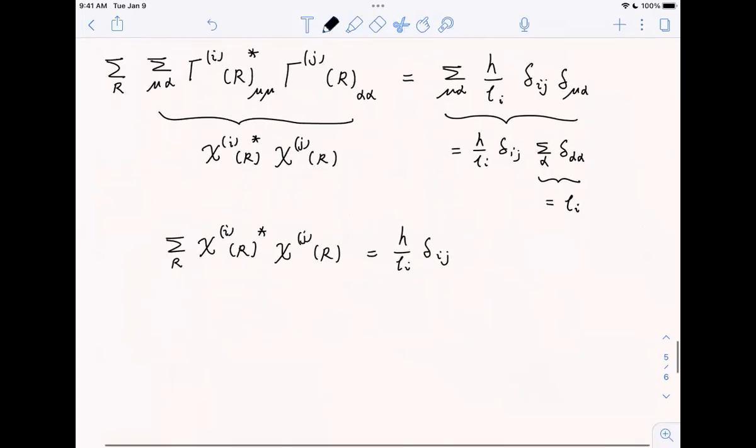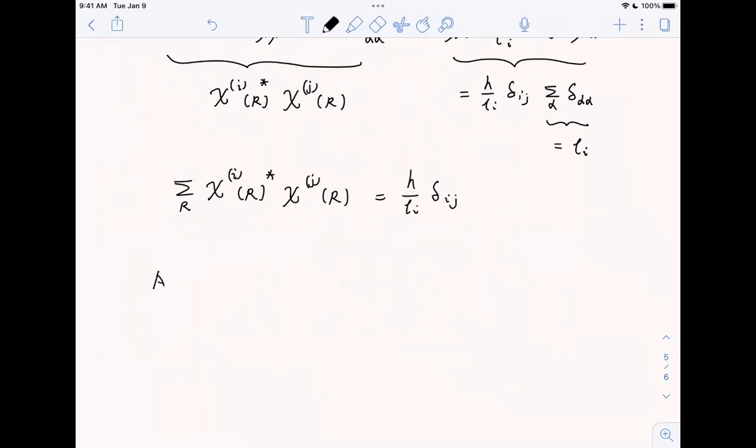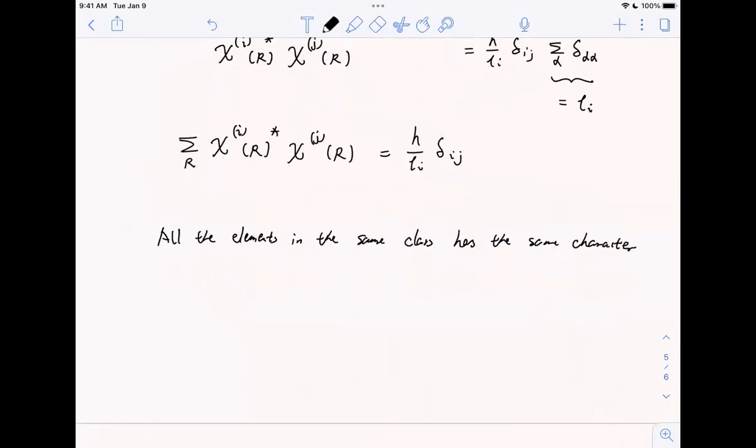Later we'll also notice that all the elements in the same class have the same character. So you remember what a class means, right?